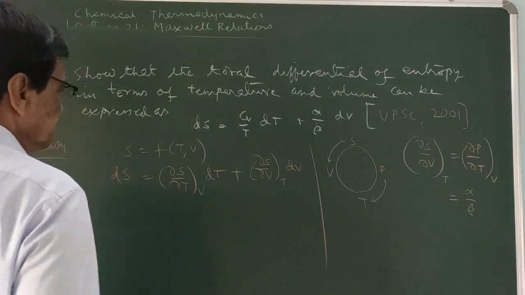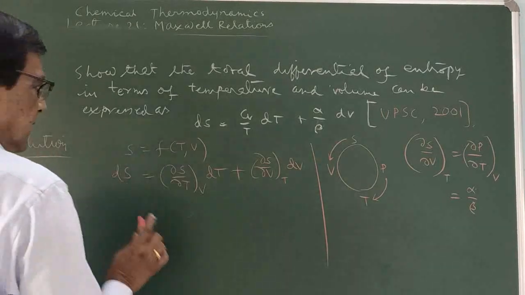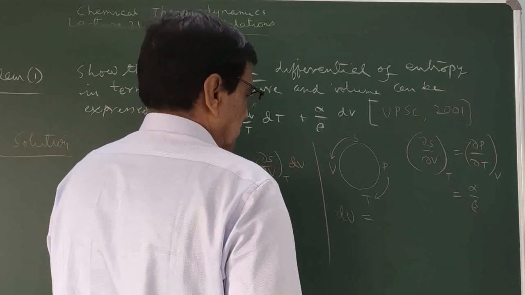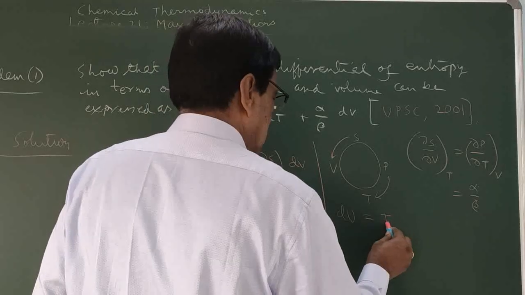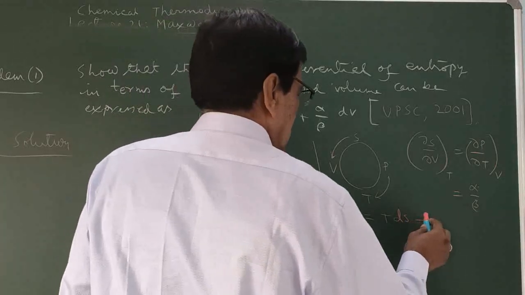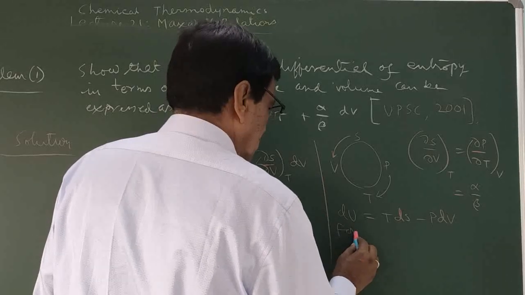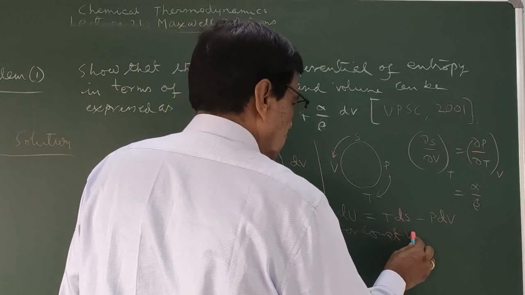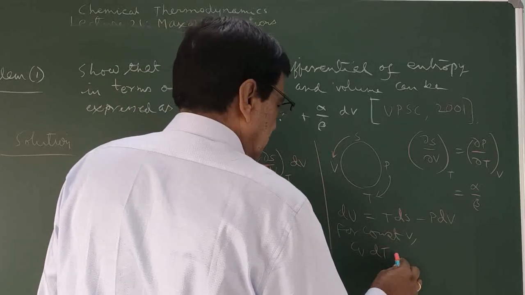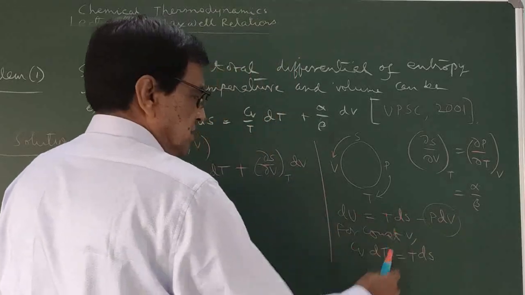And this value is, say, dU equal to TdS minus PdV. For constant volume, dU equal to Cv dT and equal to TdS, and this term becomes 0 as V is constant.